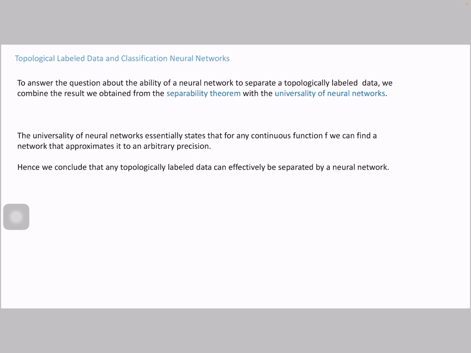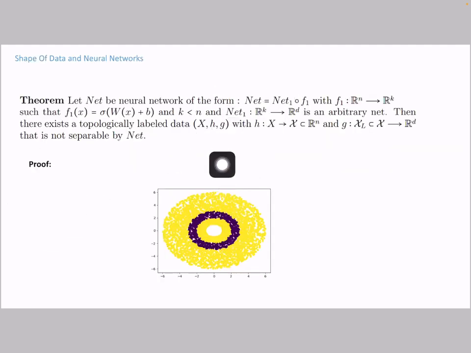Universality essentially states that any continuous function can be effectively approximated by a neural network to arbitrary precision. If we combine the separability theorem with universality, then given any topologically labeled data, we can always find a neural network that separates it. So I want to go the other way around here.